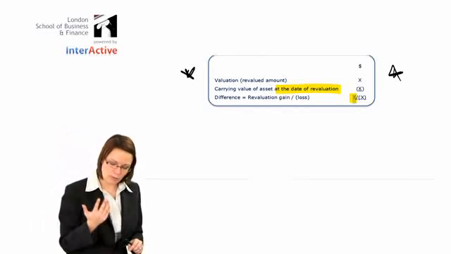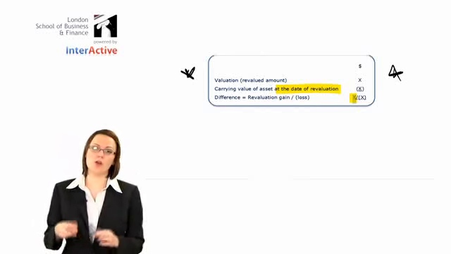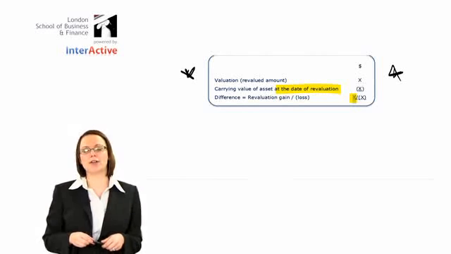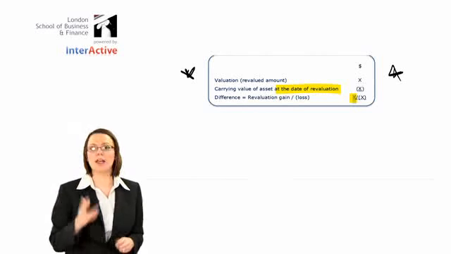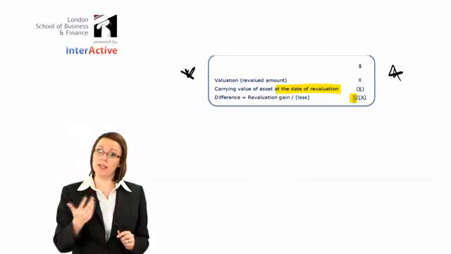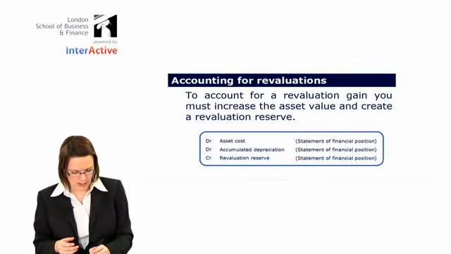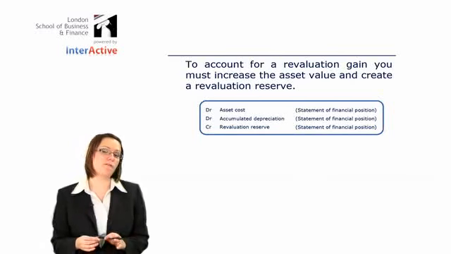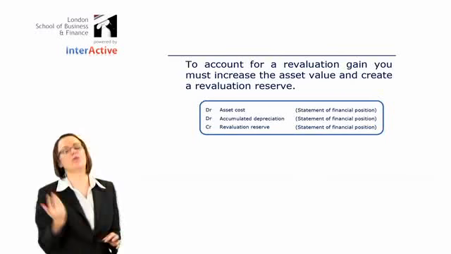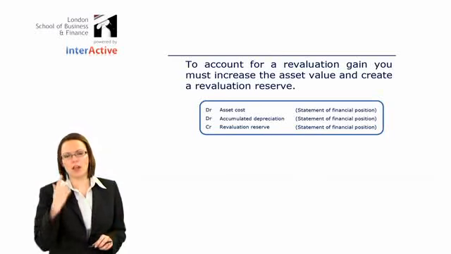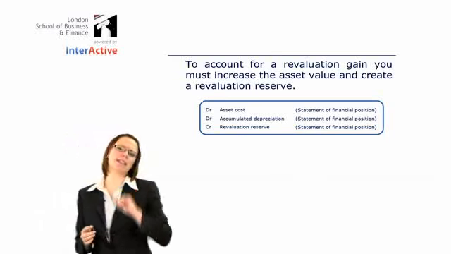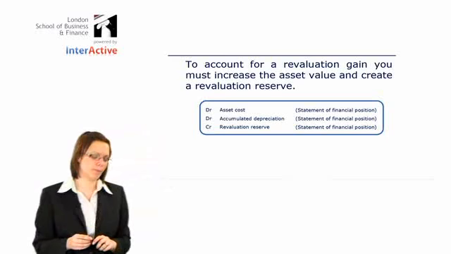Now, you've calculated the gain. You know how much gain is going to be recognised. Now what we need to do is record it in our journal. So here we go then, a journal adjustment for a revaluation upwards, so a revaluation gain. Think about what we're doing. We're going to increase the value of the asset up.